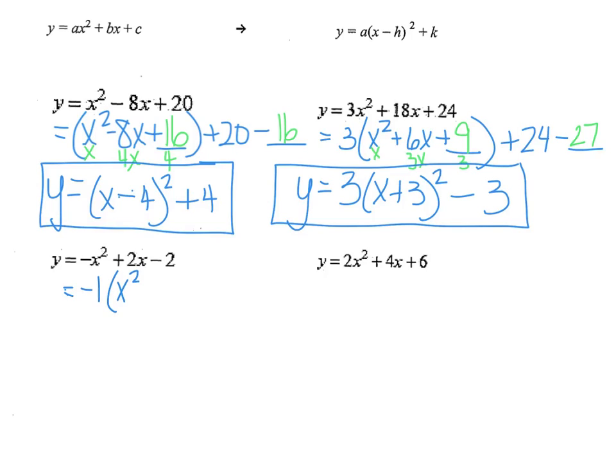Well, -1 times x squared is -1x squared. -2x times -1 gives you positive 2x. Plus what? Minus the 2 drops down, minus what?